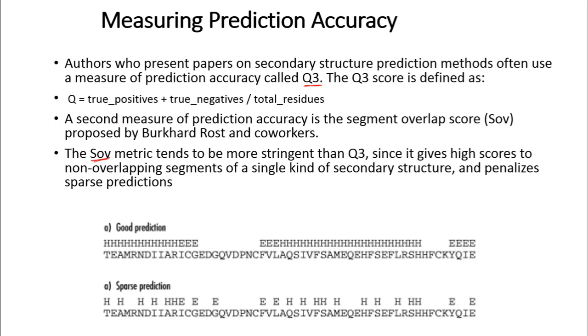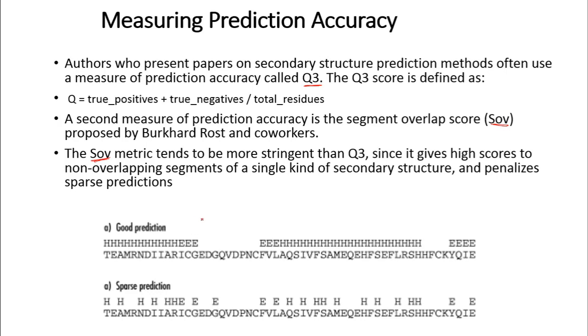On the other hand, the other method, called SOV or segment overlap score method, was proposed by Rost and his co-workers. What these people considered was the concept of sparse prediction and good prediction.